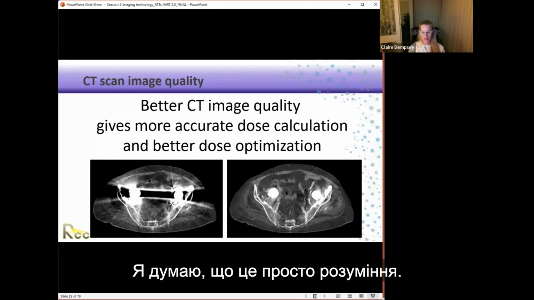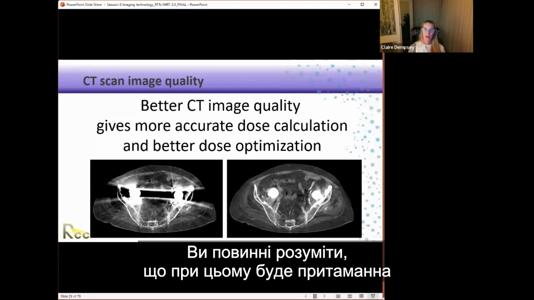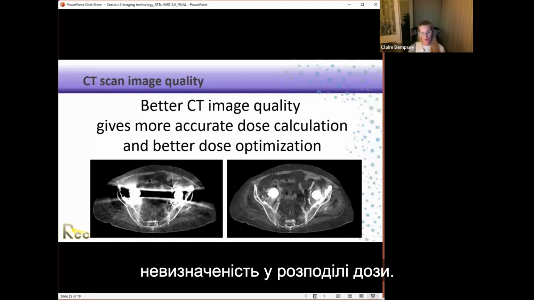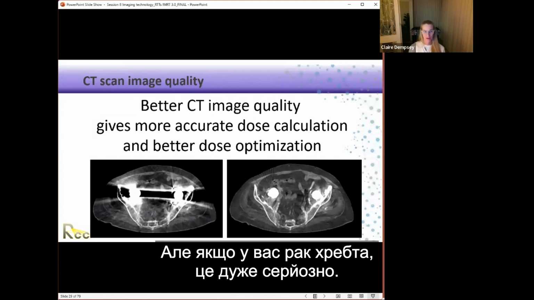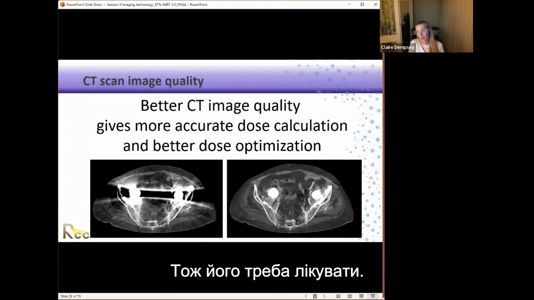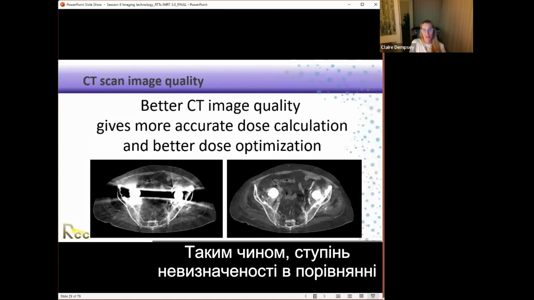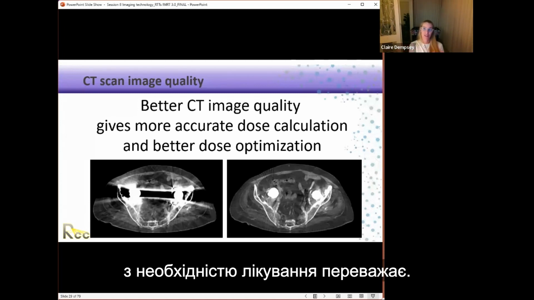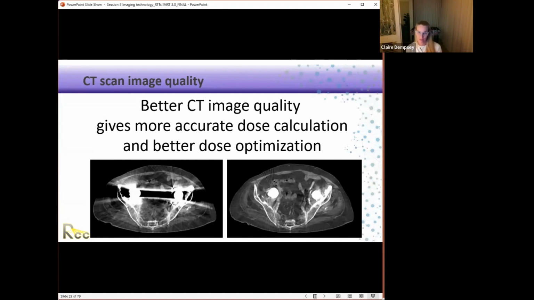You need to understand that there's going to be an inherent uncertainty in the dose distribution in doing so. But if you've got cancer in the spine, that's pretty serious, right? So you kind of need to treat it. The benefit outweighs the risk of doing the treatment.